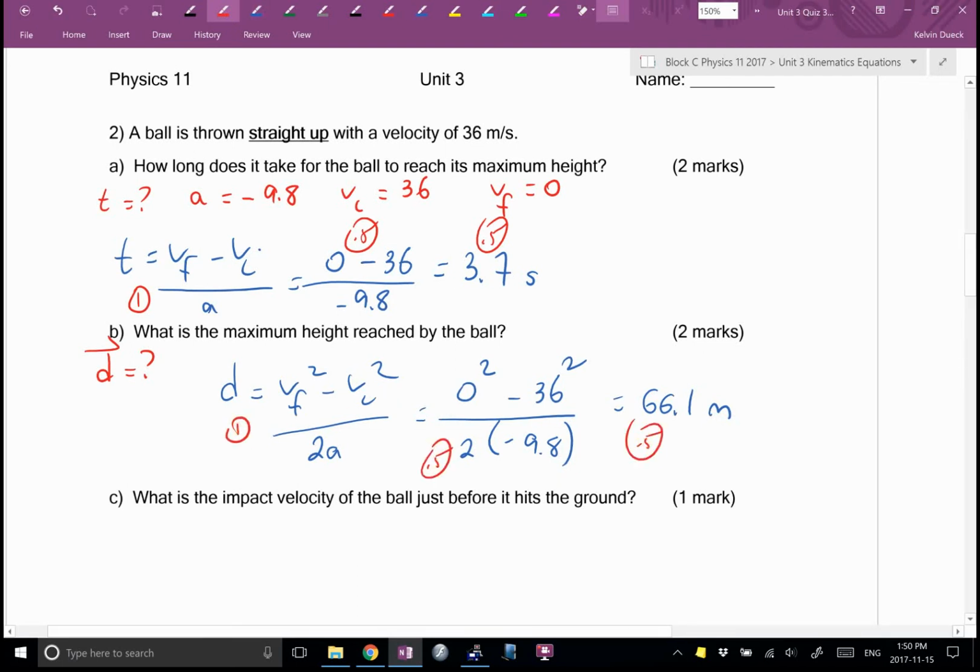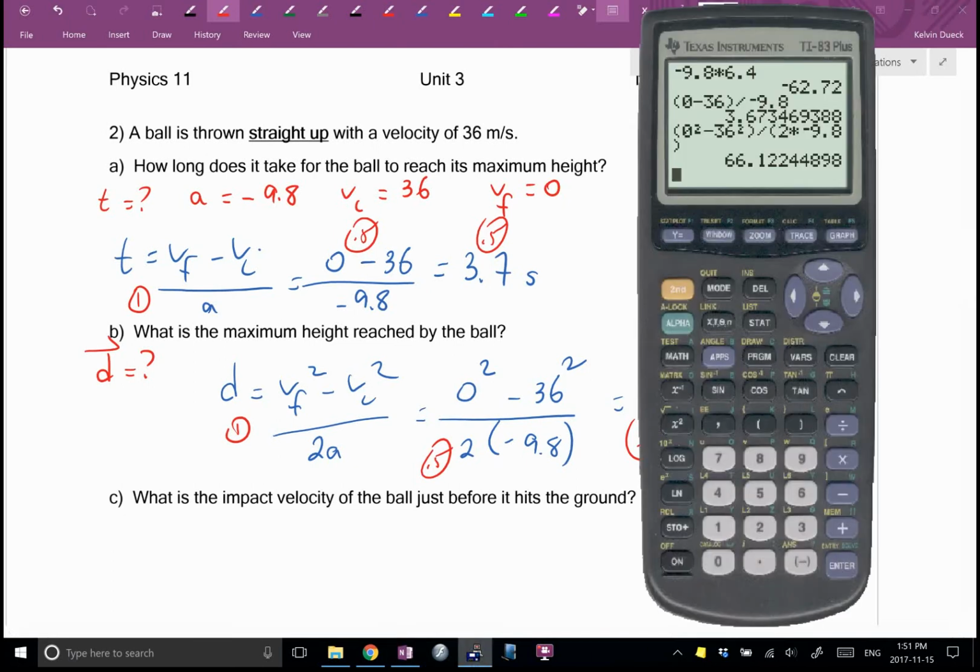Now the other way you could have done this is you could have used your answer from A and you could have gone D equals VIT plus a half AT squared. Now that means, Sierra, you're using your answer from part A, but this would be a situation where if I finish this test, if this is a test, early, I would go back to 2B and I would say 36 times 3.67347. There's my time value.